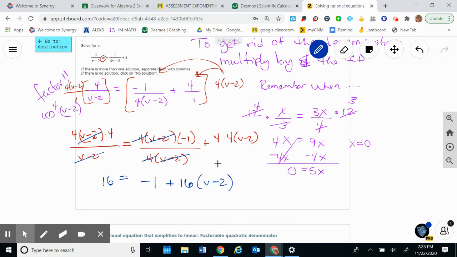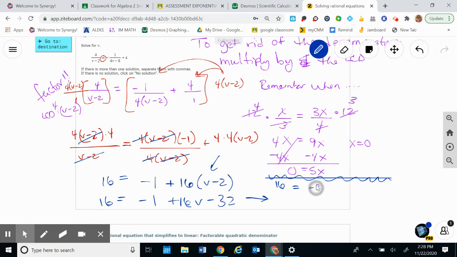Okay, well, we have to solve for v, and v is inside the parentheses, so we got to get it out of there. How do we get it out? We distribute. So 16v minus 32 minus 1 equals 16. I'm going this way. Okay, so I can add negative 32 and negative 1. So I will get 16 equals negative 33 plus 16v.